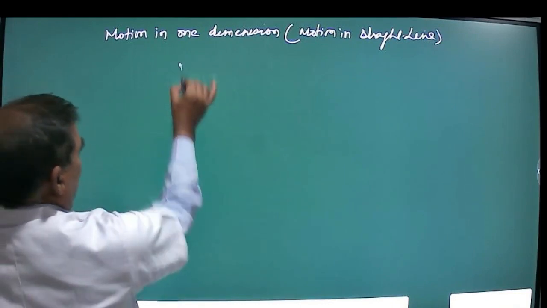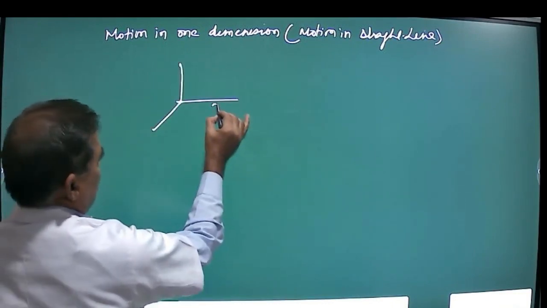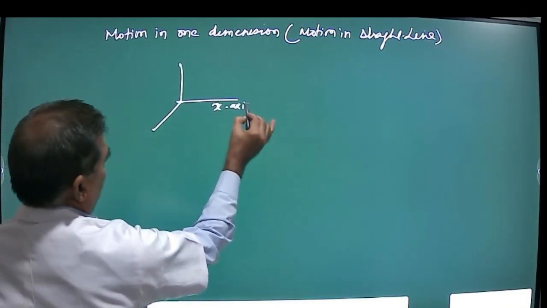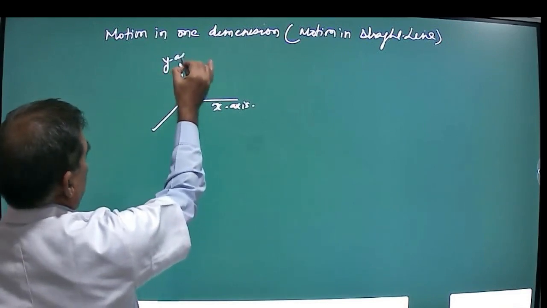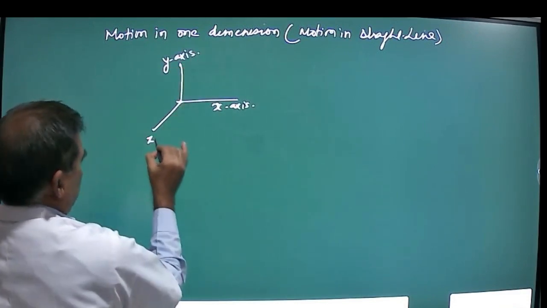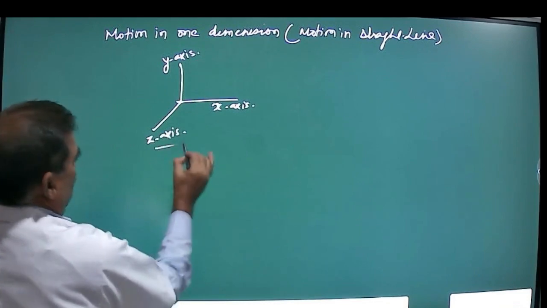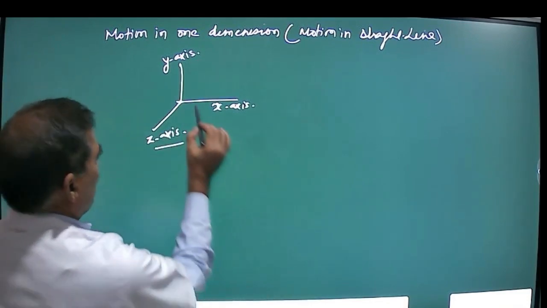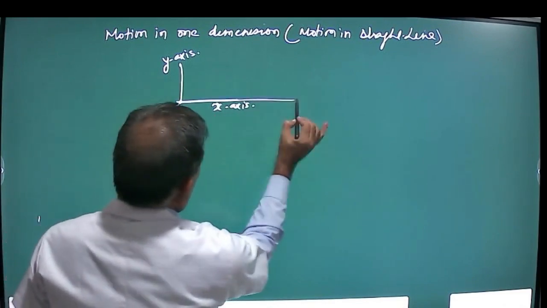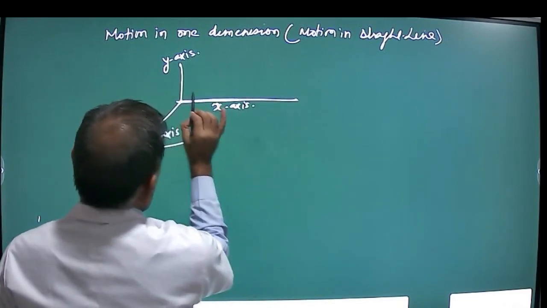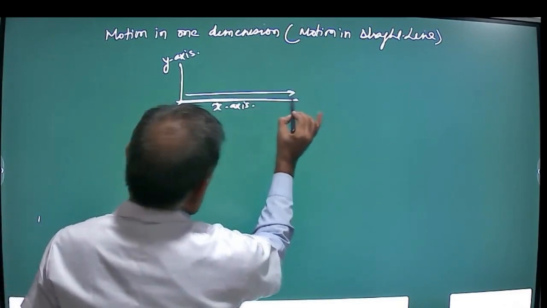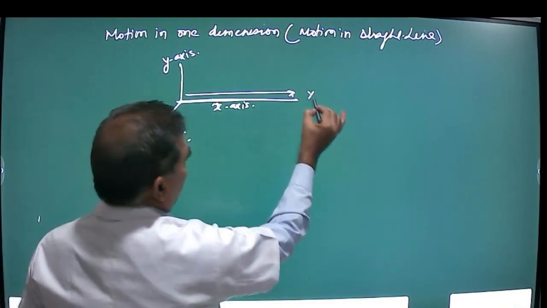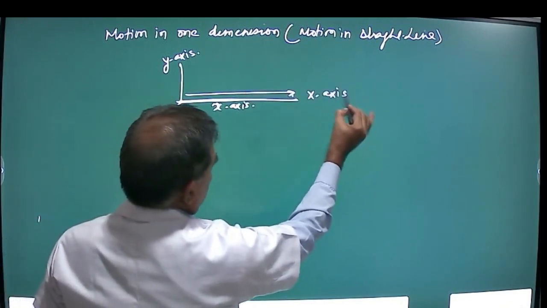Now in the Cartesian coordinate system, there are three axes: x-axis, y-axis, and z-axis. Here, motion in a straight line: if your motion is confined only along one axis, the x-axis.